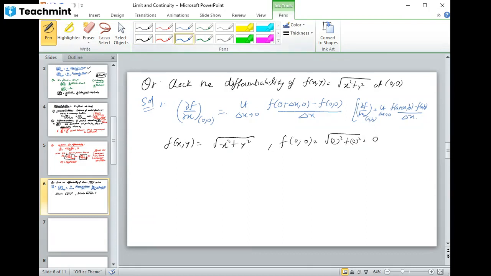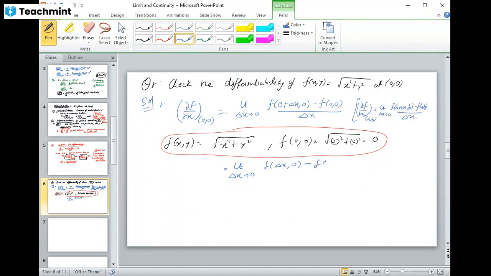So here basically your function is f of (0 plus delta x, 0). This is the limit as delta x tends to 0 of f of (delta x, 0) minus f of (0, 0) upon delta x.